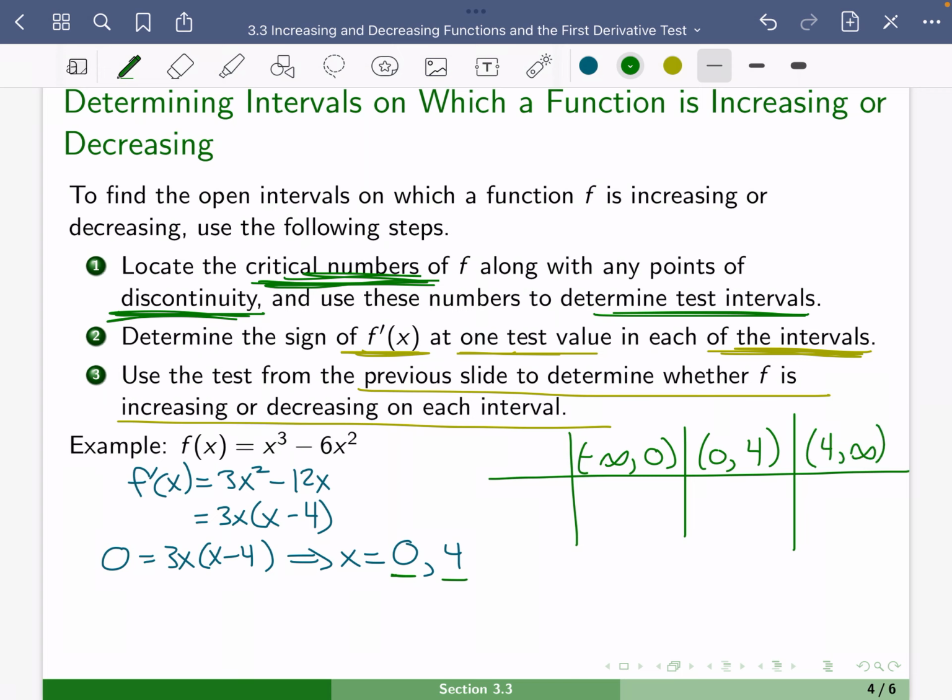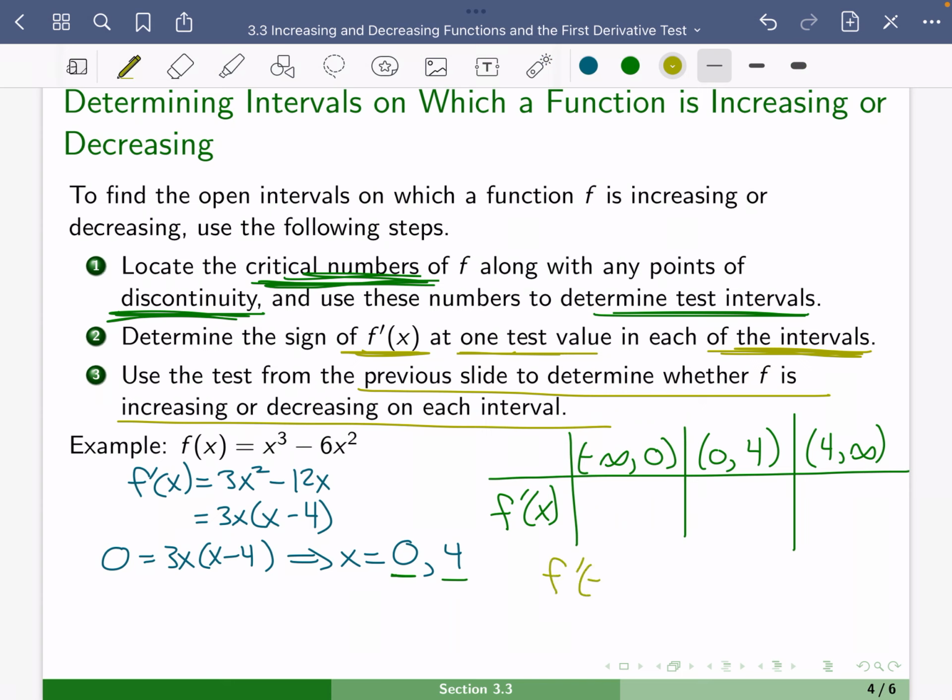And what are we going to do on these intervals? We are going to try to identify the sign of the derivative. To find the sign of the derivative, all you have to do is pick any number in each one of those intervals. So pick any number from negative infinity to 0. Let's pick negative 1.